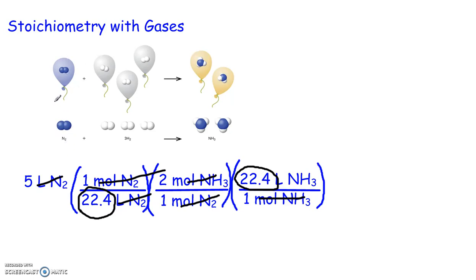The same ratio is going to occur for volumes as does for moles if I'm talking about a gas, assuming that all conditions of temperature and pressure remain constant throughout the experiment. So I could also say 5 liters of N2 and then 1 liter of N2 produces 2 liters of NH3, and that will also give me a correct answer. And that's without having to assume that I'm under standard conditions either.